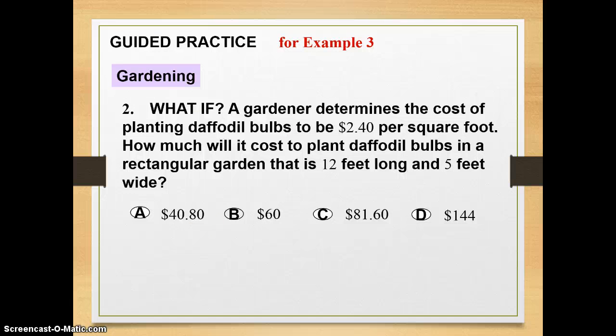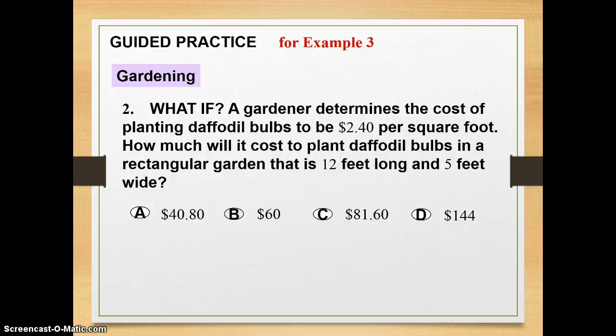Let's try another one. What if a gardener determines the cost of planting daffodil bulbs to be $2.40 per square foot? How much will it cost to plant daffodil bulbs in a rectangular garden that is 12 feet long and 5 feet wide? So again, you want to find the area of the rectangular garden by multiplying 12 feet times 5 feet, which will give you 60 square feet.